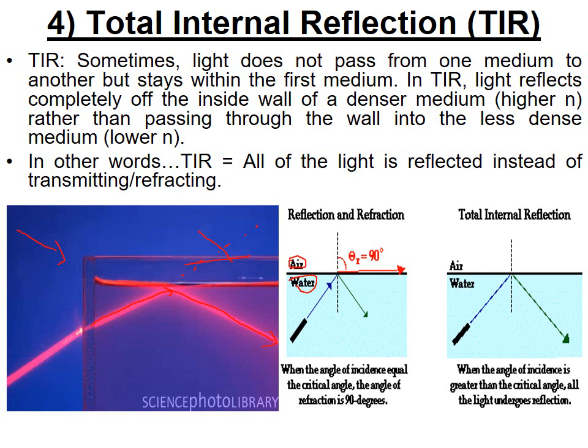It means that there's no more refraction happening. All of the energy is now going into the reflected ray, and for some reason it isn't leaving the first medium anymore. And that happens when our angle of incidence strikes beyond an angle called the critical angle. And so we're going to see what that means in just a few minutes.